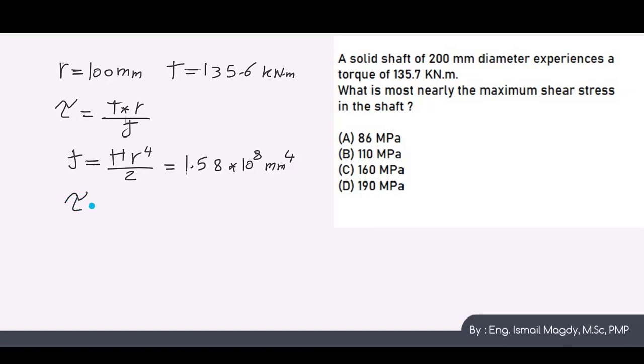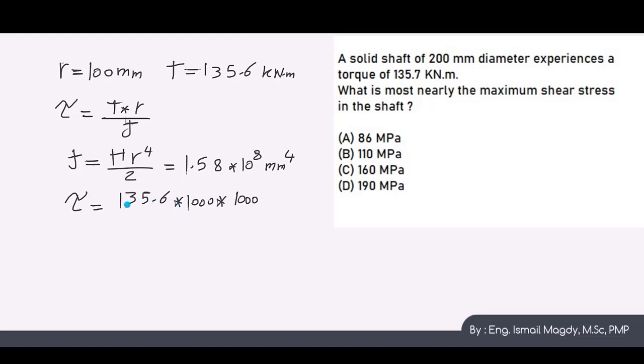So we can calculate that tau now equals 135.6, which is the torsion, but it is in kilonewton meter, so we multiply by 1000 to get newtons, and again by another 1000 to get millimeters.